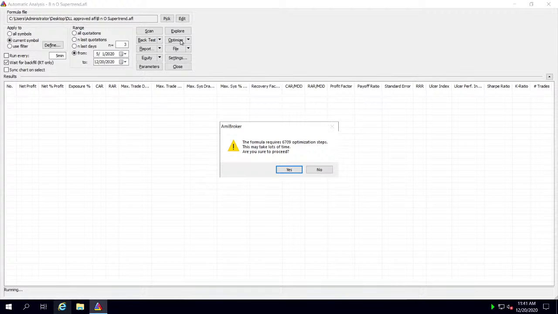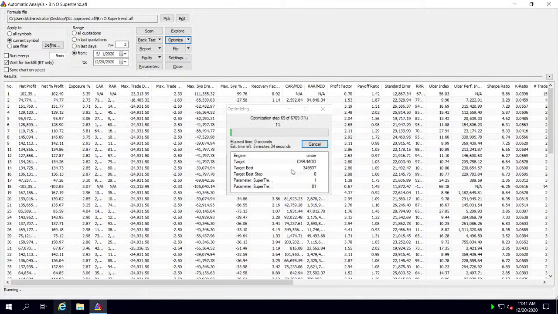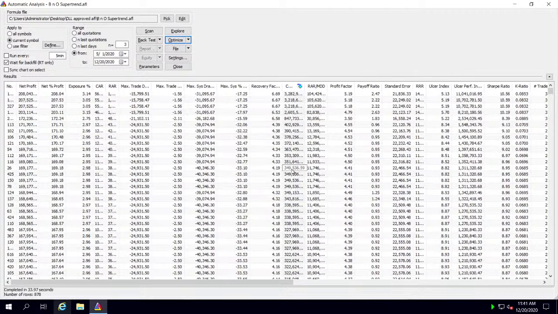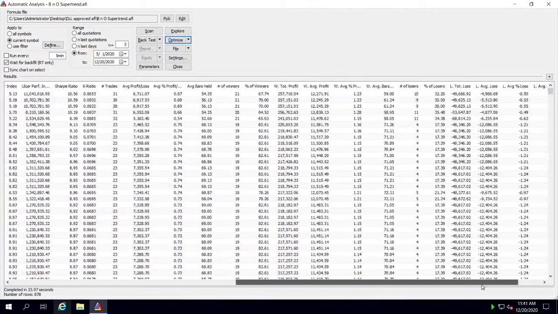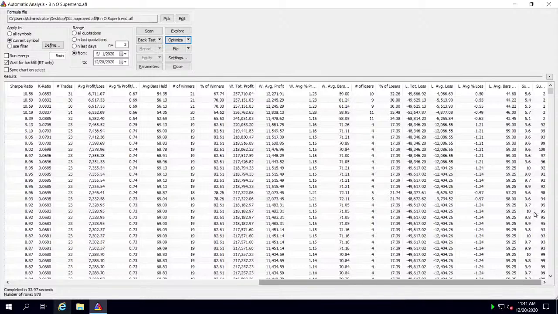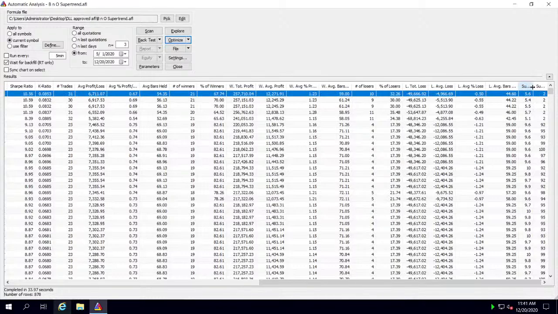Would you like to proceed? If I click on yes, AmiBroker will do all these 6,700 permutations and combinations to give me the best output. Imagine this, manually it is impossible to even do 100 permutations and combinations. And done. The results are out, and at the end you will see the best parameters are 5.6 and 2.